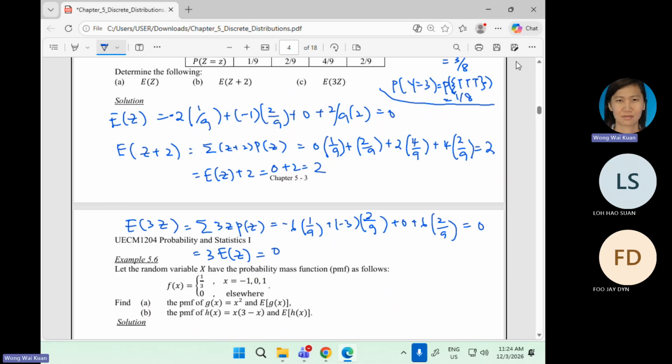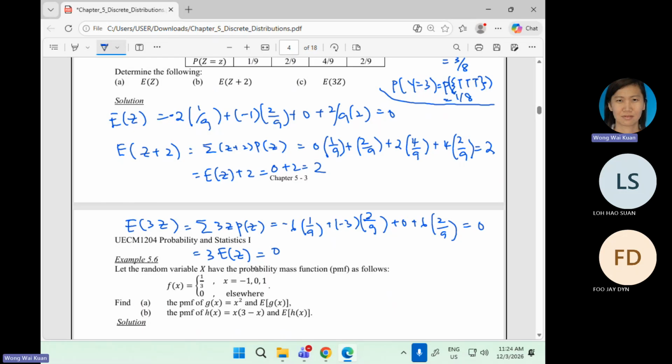Okay? Now, if my X is negative 1, then what is my g(negative 1)? 1, because negative 1 squared is 1.